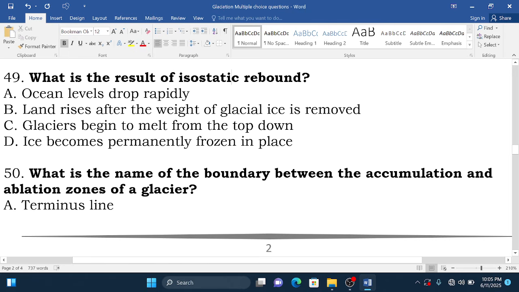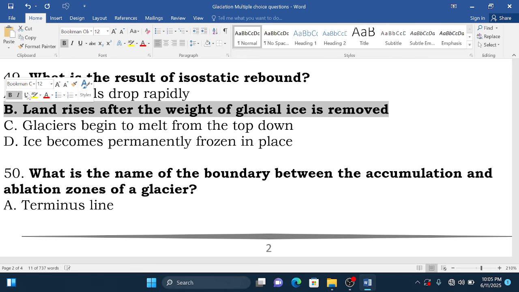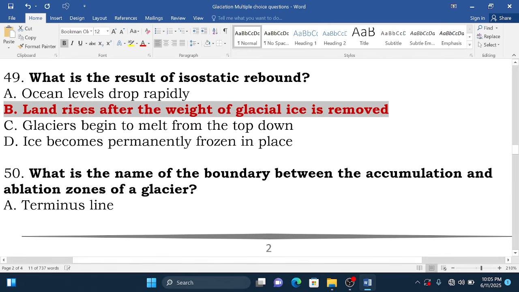B, land rises after the weight of glacier ice is removed. C, the glacier begins to melt from the top down. D, the ice becomes permanently frozen in place. So the correct answer is B, where the land rises after the weight of glacier ice is removed.